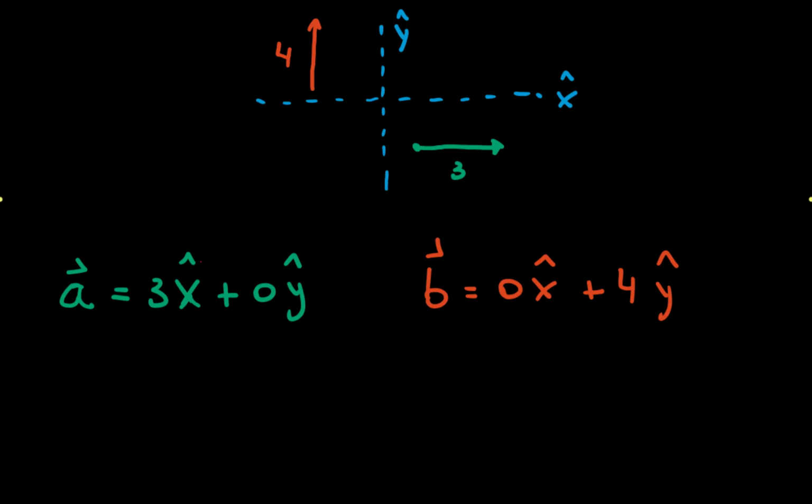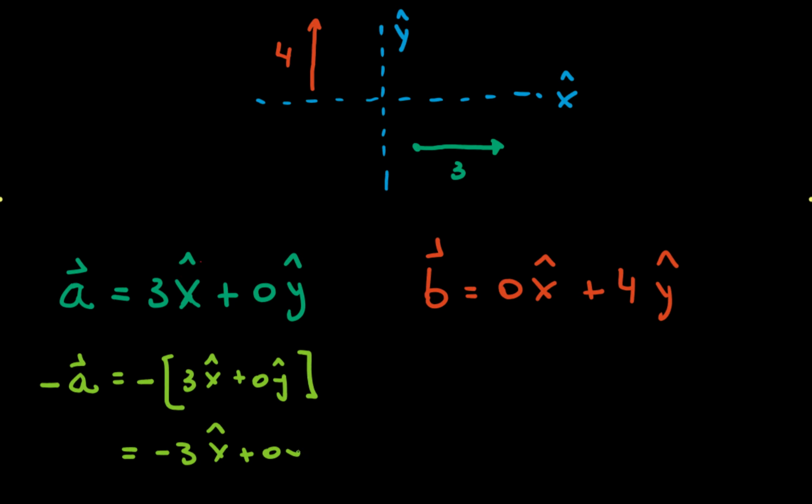So far, so good. I want to show you something called vector inversion. So I'm going to take A, and I'm going to write what minus A is. And since this is an equation, the minus gets applied to both sides in the algebraic way. So you can think about it as minus 3 in the x direction plus 0 in the y direction.